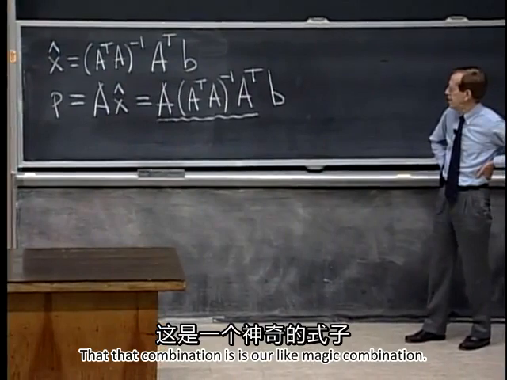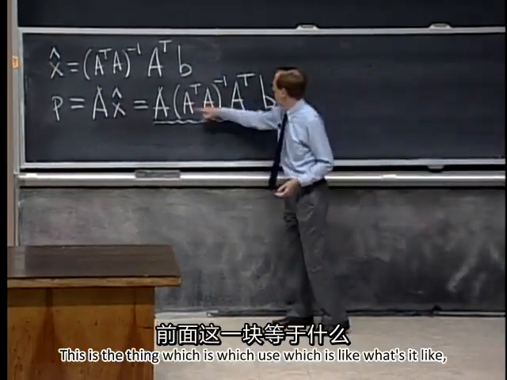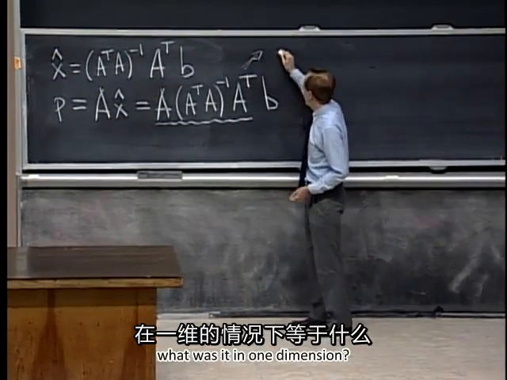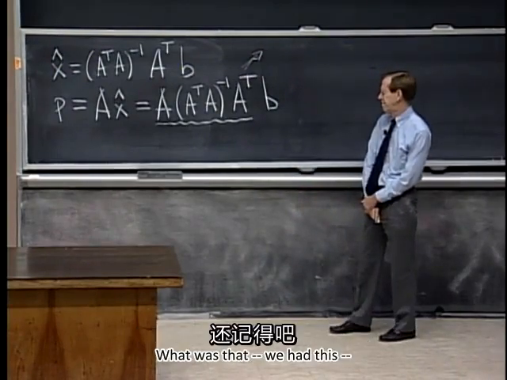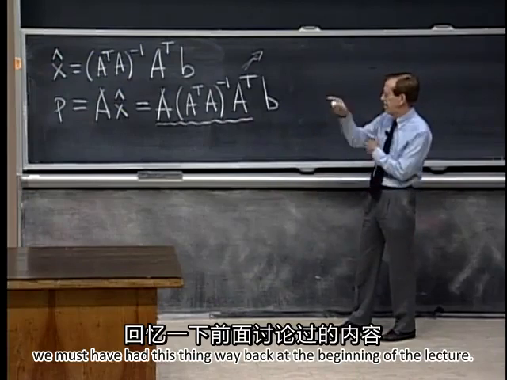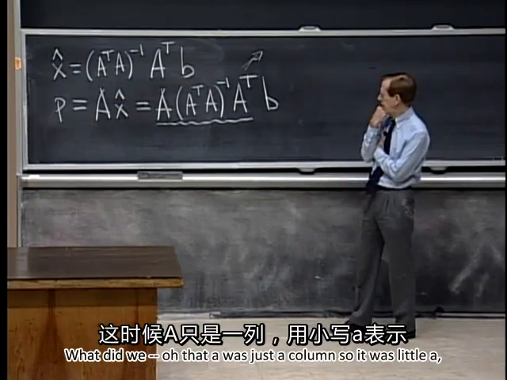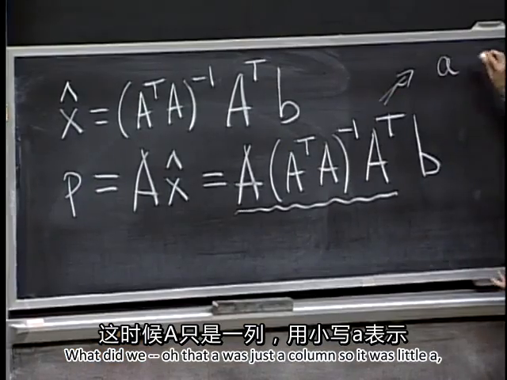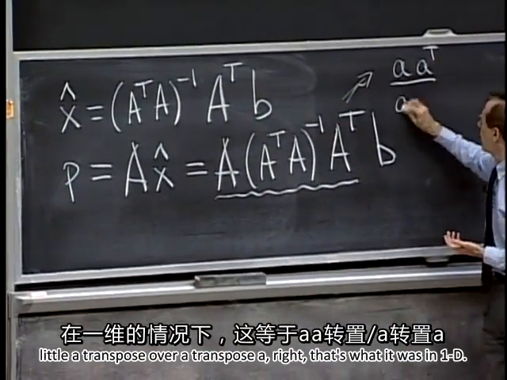That combination is our magic combination. What was it in one dimension? We must have had this way back at the beginning of the lecture. A was just a column, so it was little a transpose b over little a transpose a.